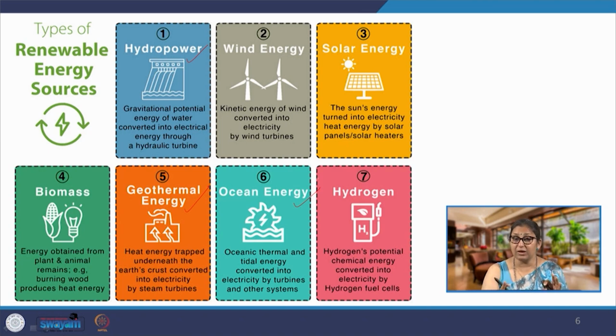And another one, which is becoming more of a research interest and there is a lot of focus of the world on this last source of energy, is hydrogen. The potential of hydrogen to convert chemical energy into electricity through hydrogen fuel cells is being explored.